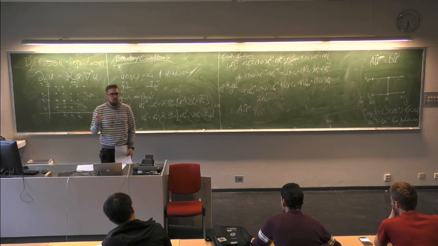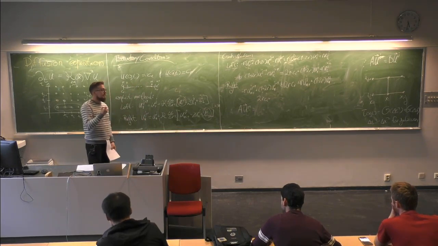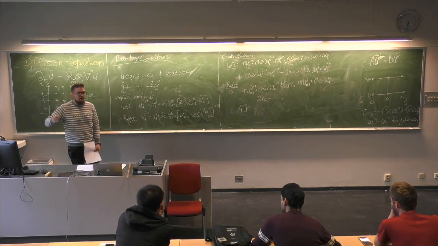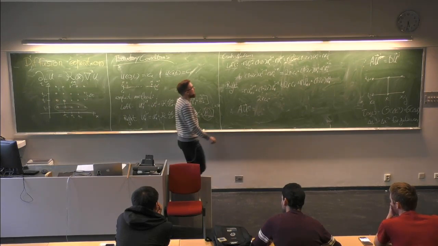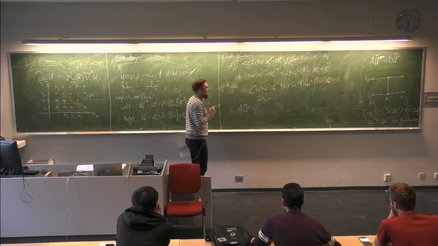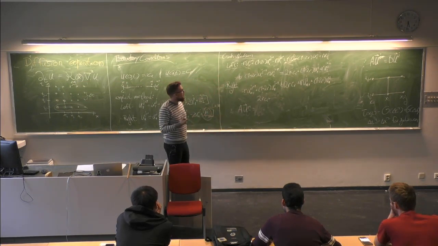You could also simulate it with the oven heating up itself. Then you also have a time-dependent boundary condition. Then you need to make sure that on the left-hand side you have C_L evaluated at time j plus 1, and on the right-hand side you have C_L evaluated at time t_j.